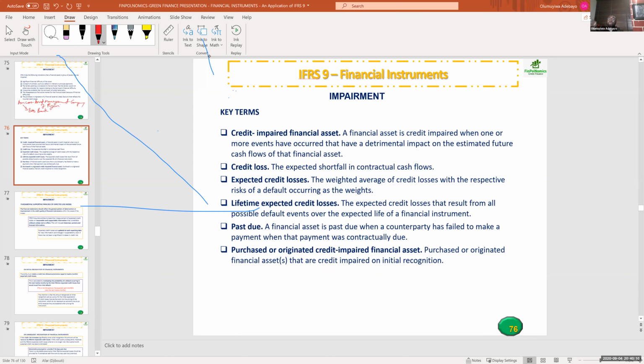Okay, but what is expected credit loss? Expected credit loss will now factor state of nature or state of the world, which means factor scenarios, such as saying what is the likelihood, which means you start to build in probability.